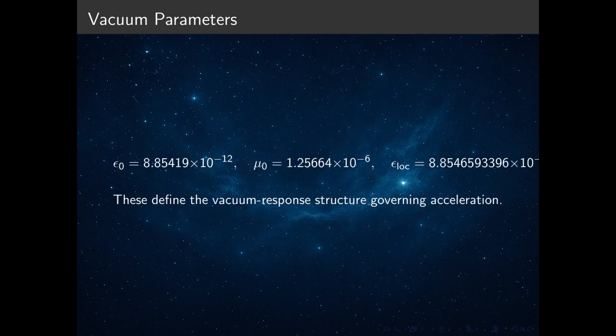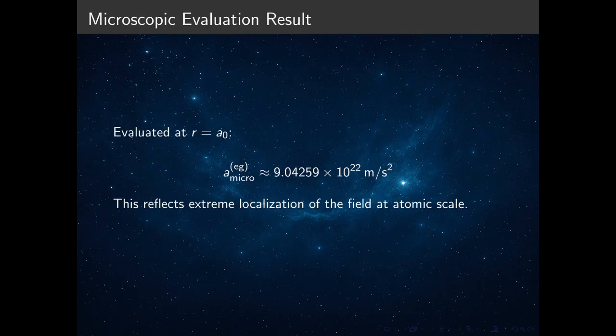Using the defined vacuum parameters, epsilon naught equals 8.85419 times 10 to the minus 12, mu naught equals 1.25664 times 10 to the minus 6, epsilon local equals 8.85465933396 times 10 to the minus 12, the microscopic electrogravitic acceleration evaluates at the Bohr radius, r equals a naught, to A micro EG equals 9.04259 times 10 to the 22 meters per second squared.